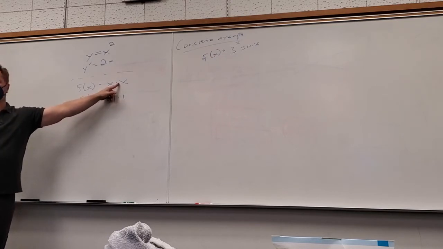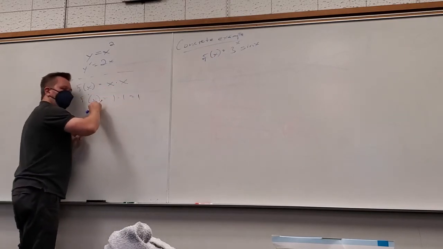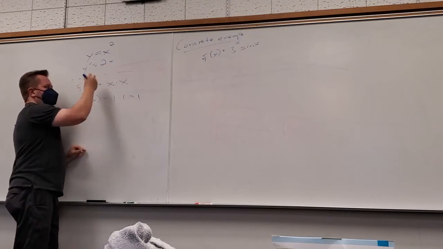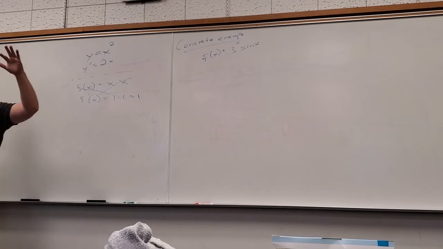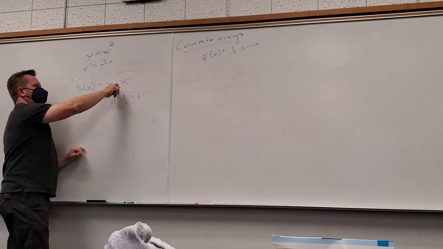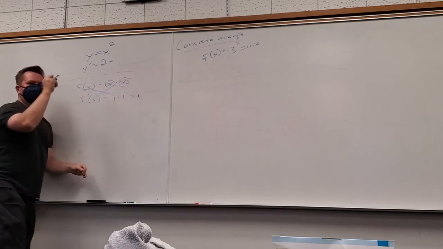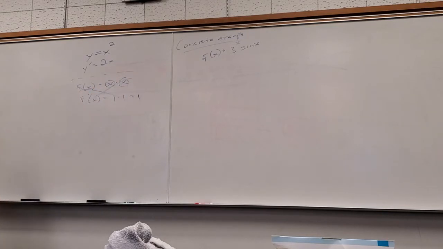What's the derivative of x? 1. Then I would get 1. Is that right? No. Nope, sorry. So if the product idea doesn't work for something as simple as x, it ain't gonna work for 3 to the x sine x, right?